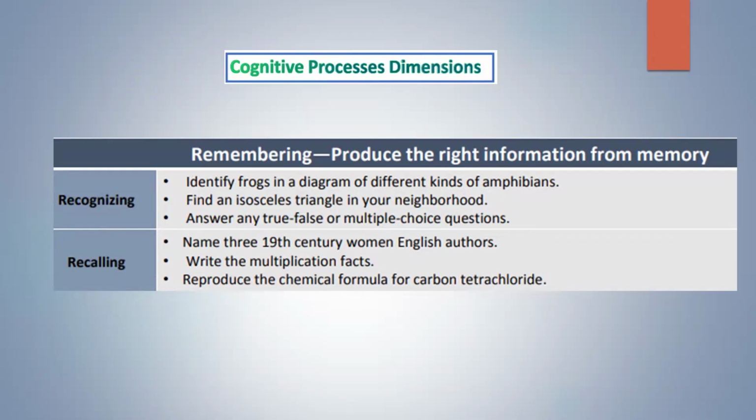Recognizing and recalling. This is the first one, remembering. Identify frogs in a diagram of different kinds of amphibians. Find an isosceles triangle in your neighborhood. Answer any true, false, or multiple choice questions. Then we have name three 19th century women English authors, write the multiplication fact, reproduce the chemical formula for carbon tetrachloride.